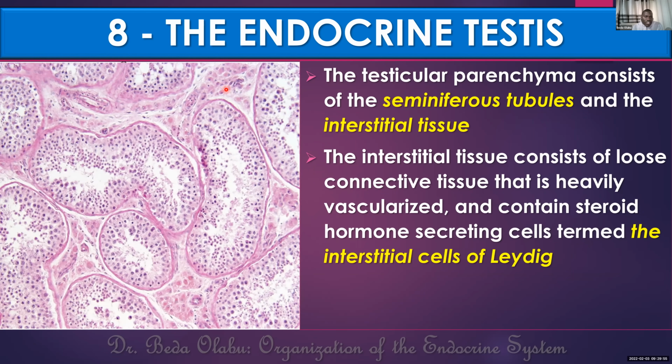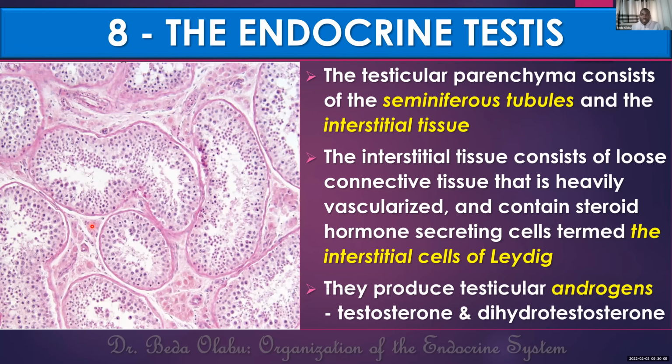These interstitial cells of Leydig are the ones that produce the testicular androgens. The key testicular androgens are testosterone and dihydrotestosterone. You can call the last one DHT.